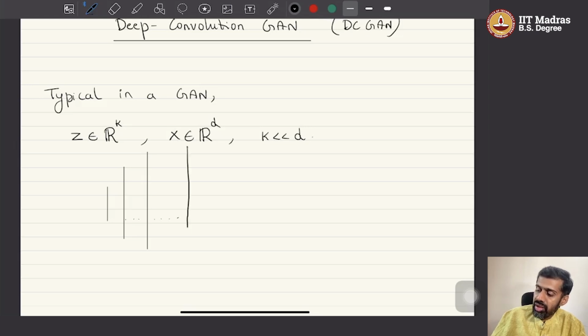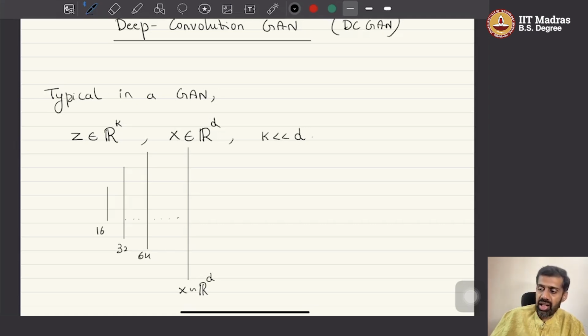So here you have d dimensions. Typically this would be some 16 dimensional data. So Z is in some 16 dimensional space, then you go to some 32, some 64, and keep going, and finally it goes to some d dimensional data. This keeps increasing the dimensionality in the generator network.